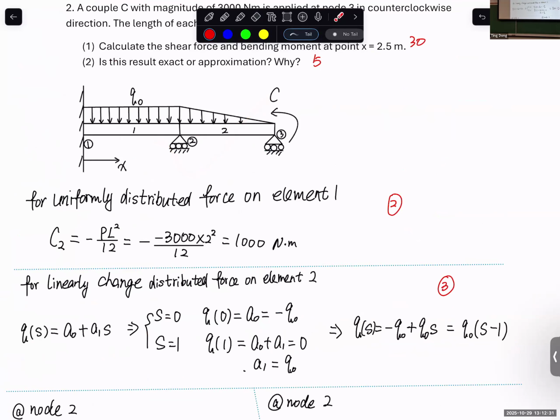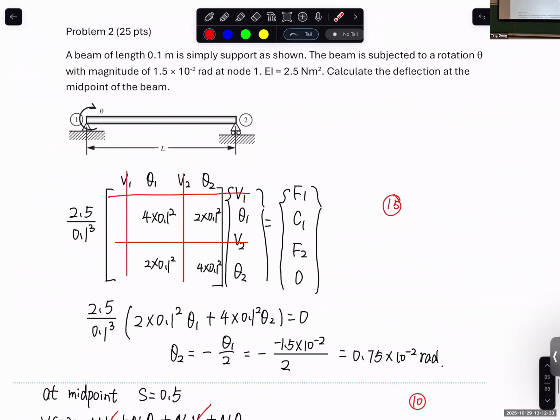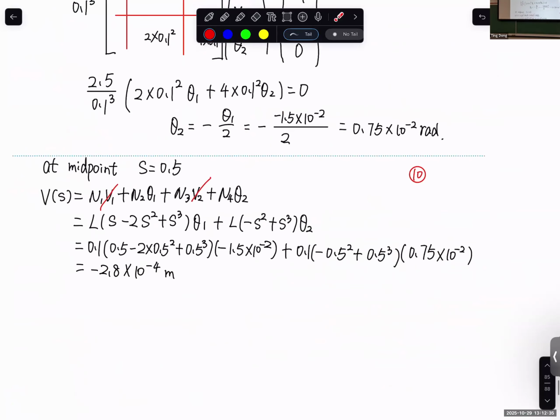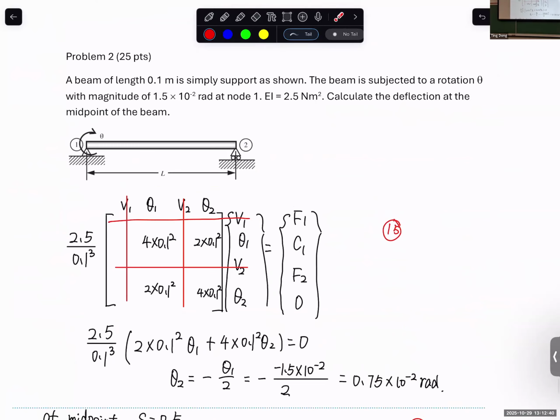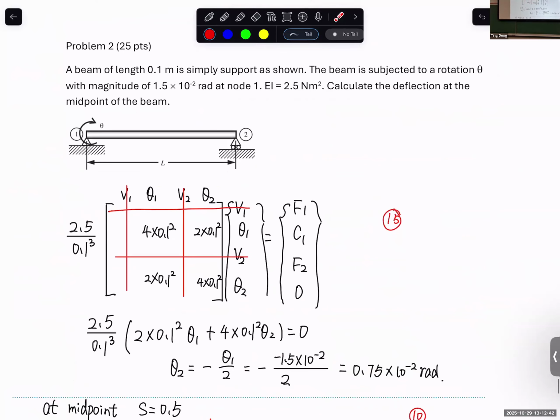Any question? Okay. Second problem, the calculation is much shorter. It's a regular 25 points problem. One beam problem.